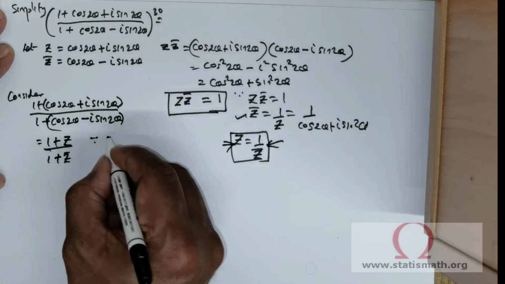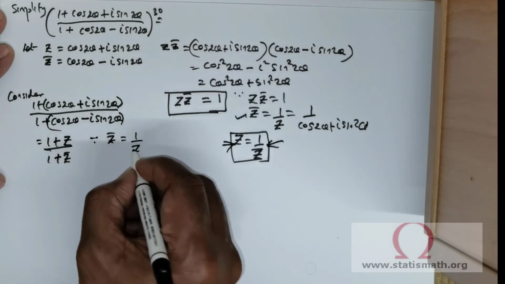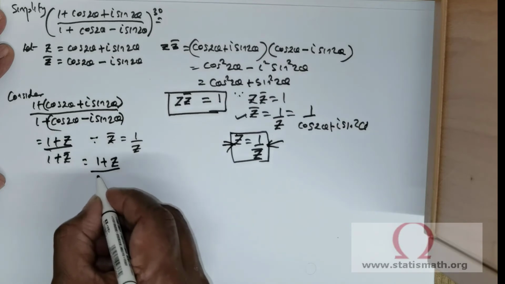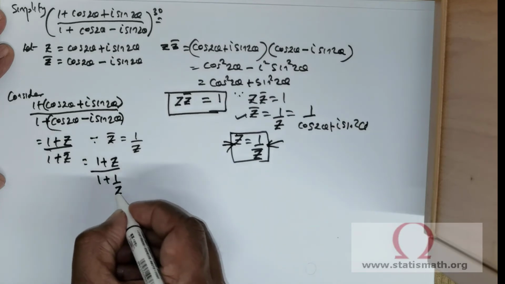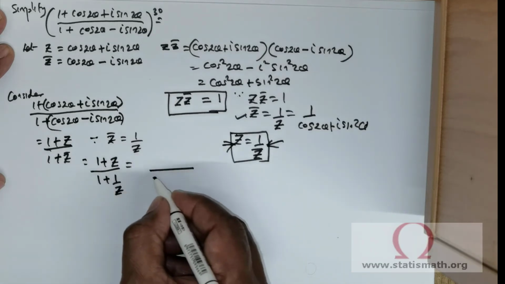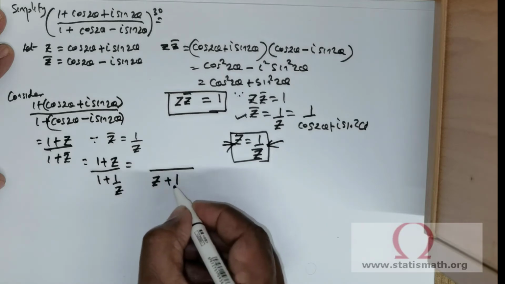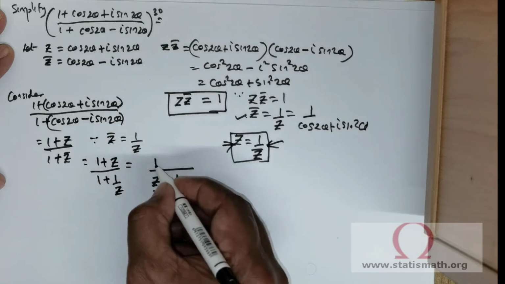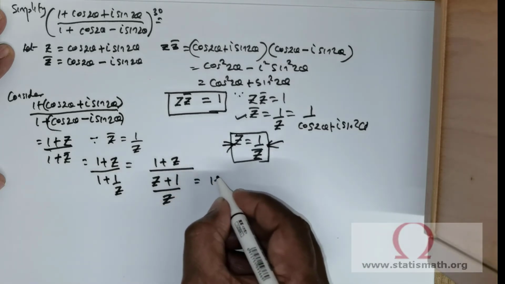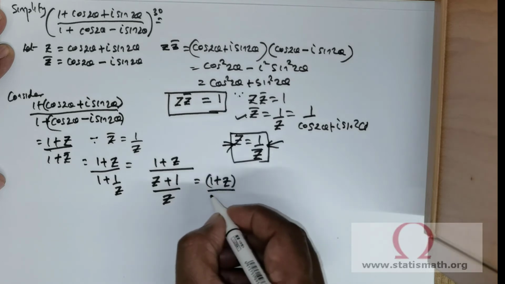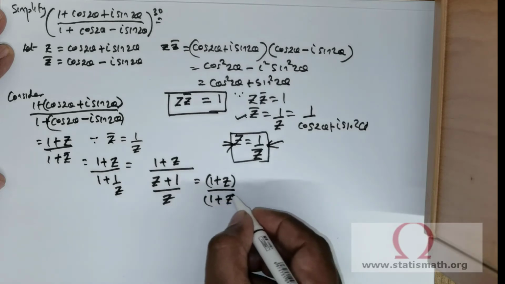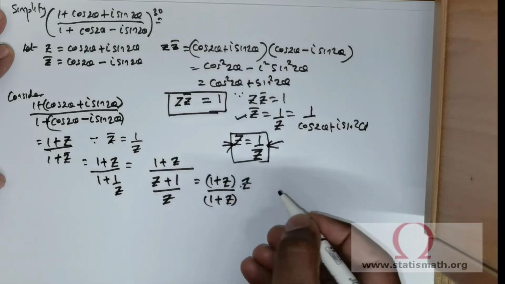Now, since z bar is equal to 1 over z, this can be rewritten as (1 + z) divided by (1 + 1/z). Now, taking the LCM in the denominator, this is going to be giving us (z + 1) divided by z. In the numerator, we got 1 + z. Now, I can flip this and rewrite this as (1 + z) times z divided by (z + 1), where z + 1 can be rewritten as 1 + z.